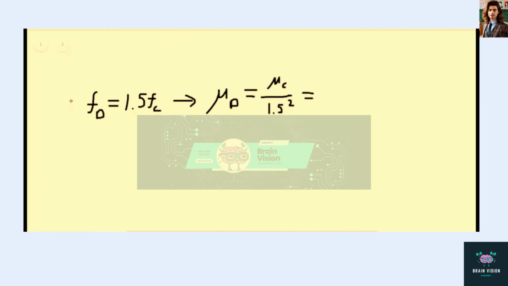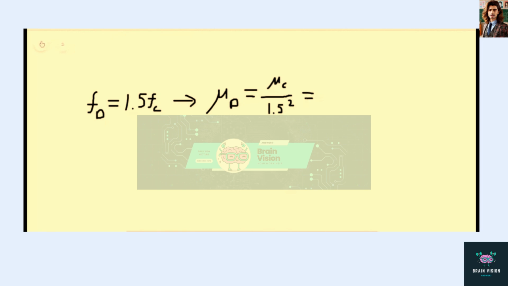Going back to the previous, mu c is 0.2 mu a, so 0.2 divided by 1.5 squared is 0.088, and then you have mu a. Box that in. It's the last part of our answer.